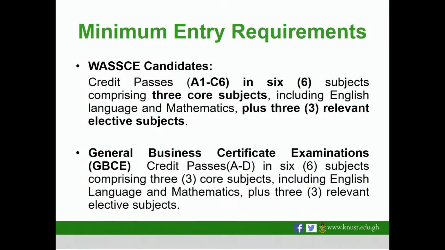The other 3 subjects are called the elective subjects, which are subjects relevant to the program the applicant has selected. So if you select an engineering program, we have specific subjects required for the engineering program.